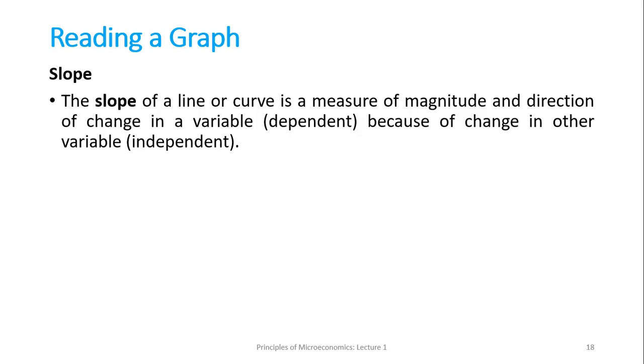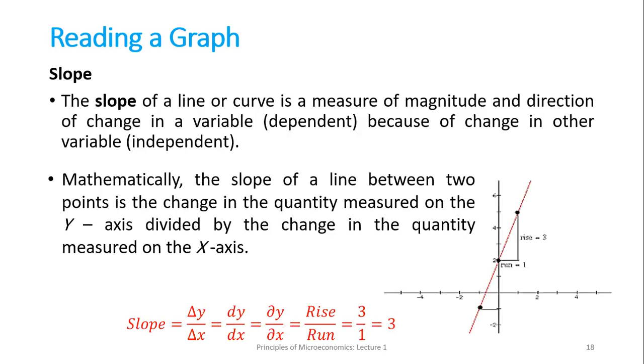These are both summarized by the slope, and mathematically slope is between two points. Slope is the change in the y-axis variable divided by the change in the x-axis variable. We can use different symbols like delta or d or curly, or we can also say rise over run.